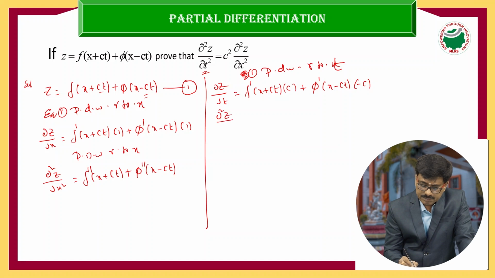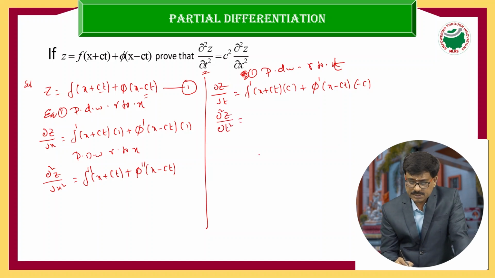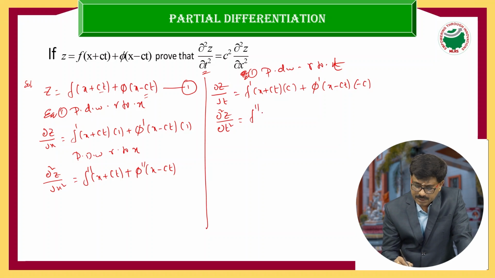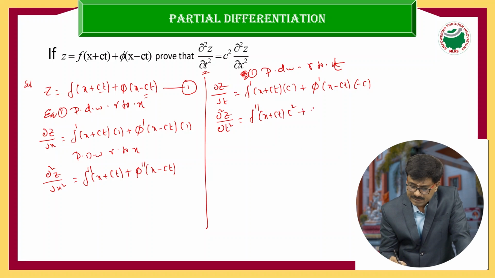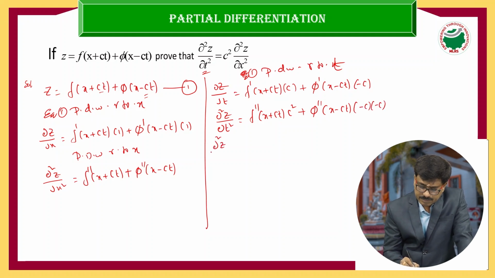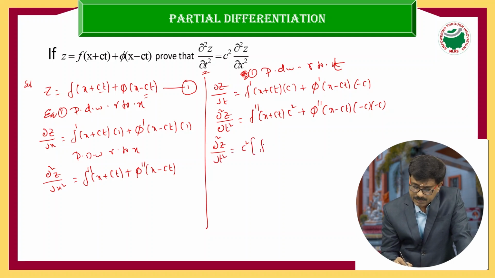Similarly, dou square z by dou t square, again one more partial derivative of this function, f double dash of x plus c into t, this becomes c square, plus phi double dash of x minus c into t, again it becomes one more minus c. Then this becomes dou square z by dou t square is equal to, I can take c square as a common, f double dash of x plus c into t plus phi double dash of x minus c into t.